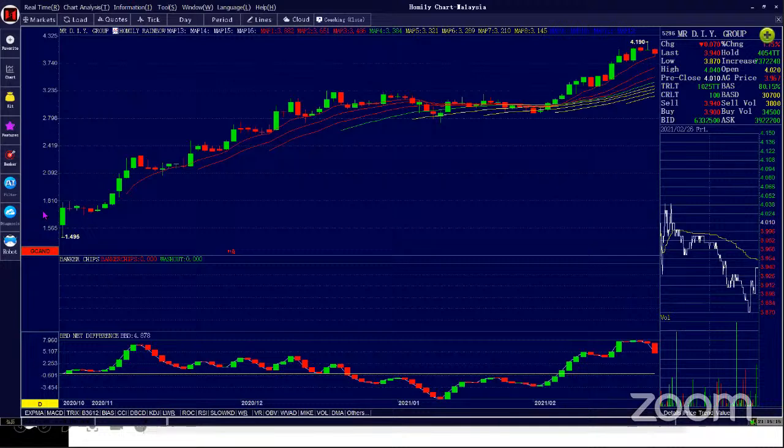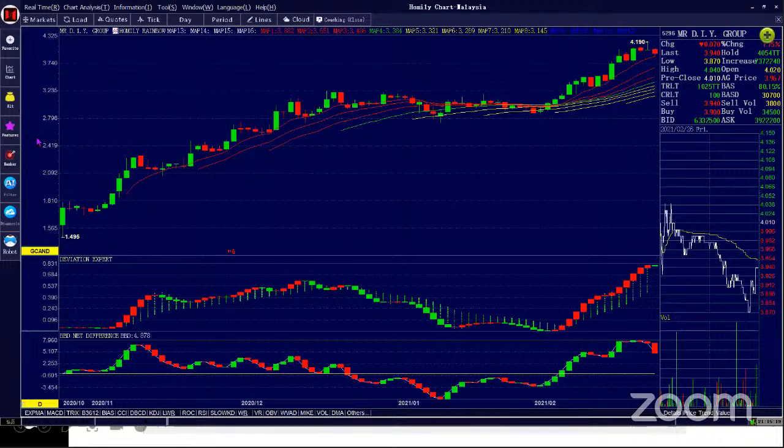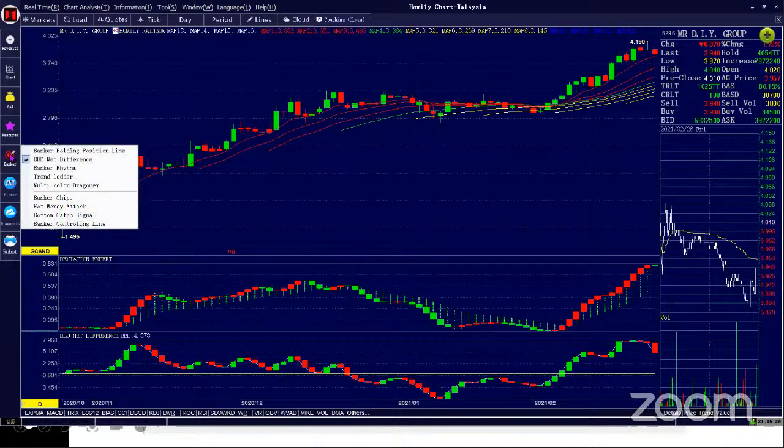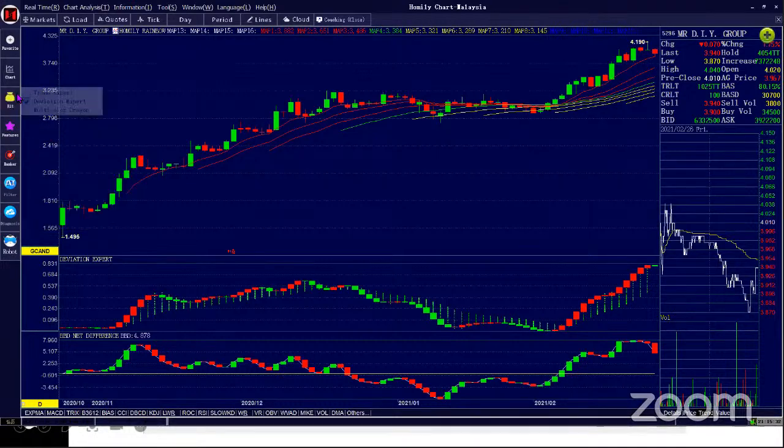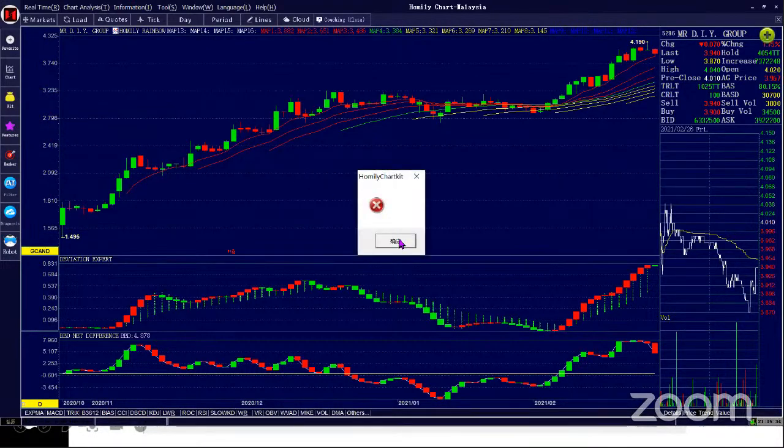Okay, we put TE and DE here. In PC Kit, the live chart, there's a bad thing: we cannot put the trend expert in Windows 2 or Windows 3. Something is wrong with my PC Kit.